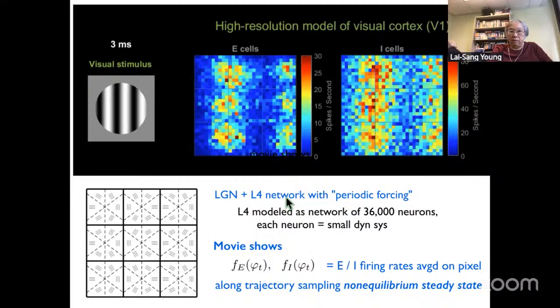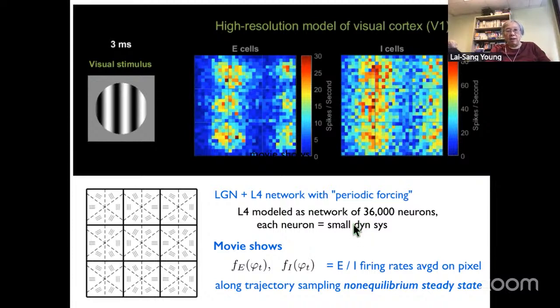So this is a periodically driven dynamical system. The V1 layer is modeled as 9 hypercolumns of 4,000 neurons each, so 36,000 neurons. Each neuron is a small dynamical system governed by an integrate-and-fire equation. So this is a fairly large network driven by a periodic forcing.